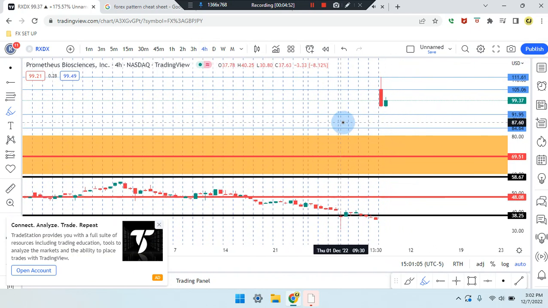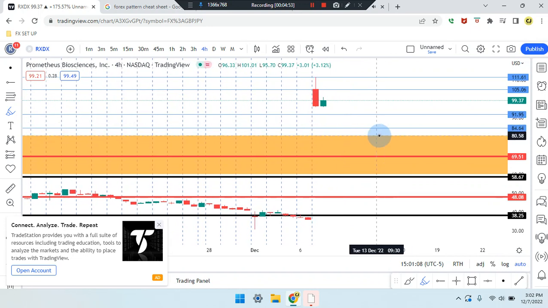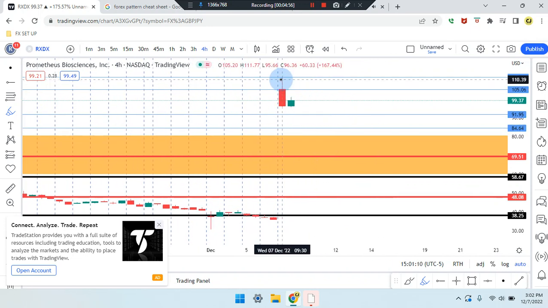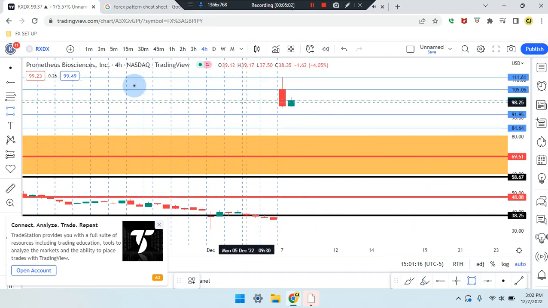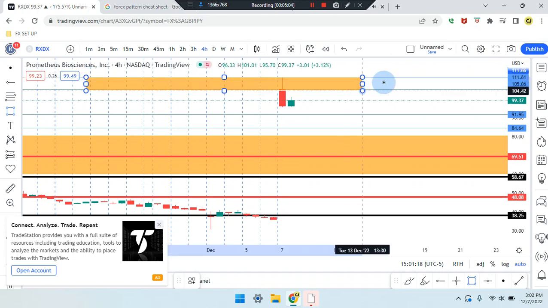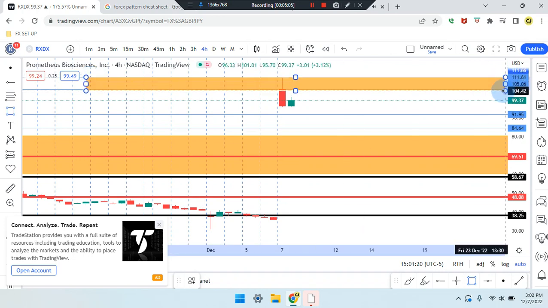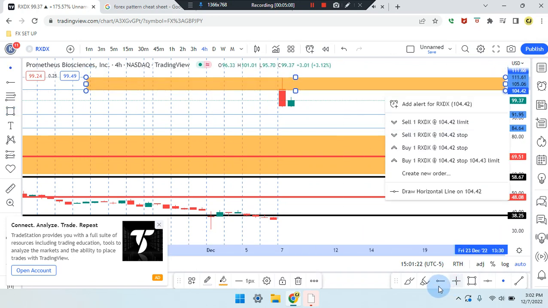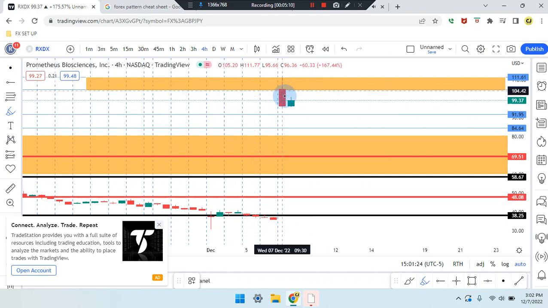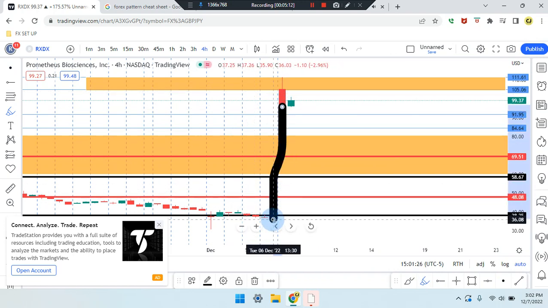On the 4-hour time frame, we can see that price action is tagging our SR lines that we created. The wick of the second to last candle is in the SR line. So if we think about putting that area in a zone, what do we see? We can see that, remember, there's a gap in the market from this level here.